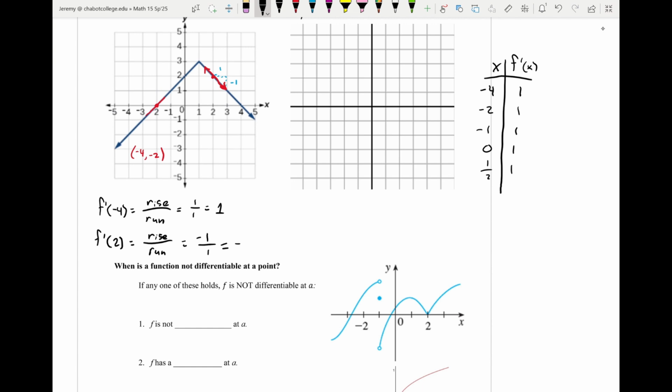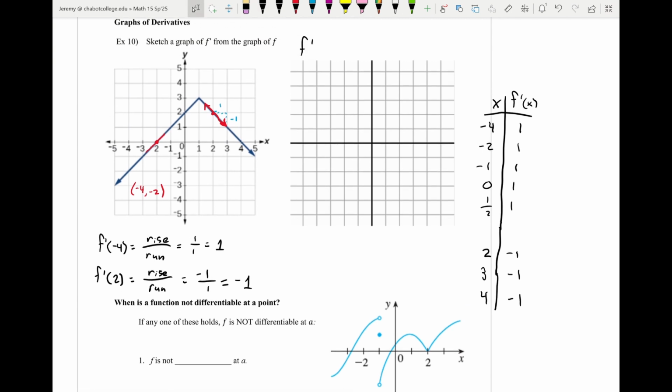So it looks like the slope here is -1. Okay, so if I plug in 2, -1 is the slope. Same with 3. Same with 4. Right, and it appears for the rest, up to infinity.